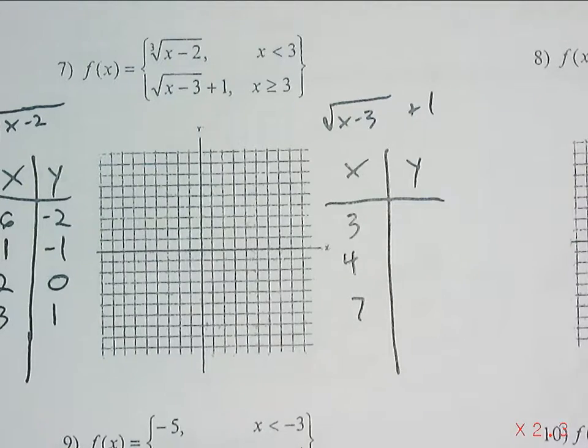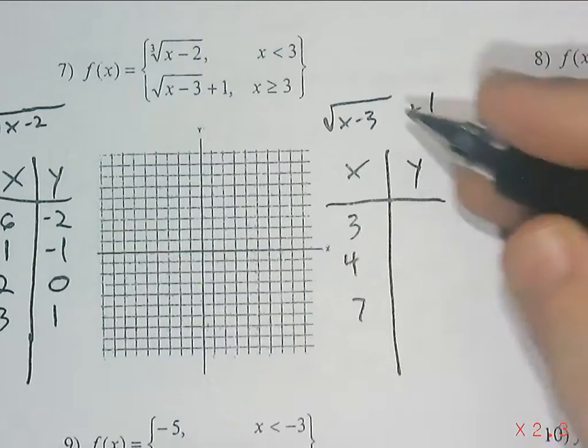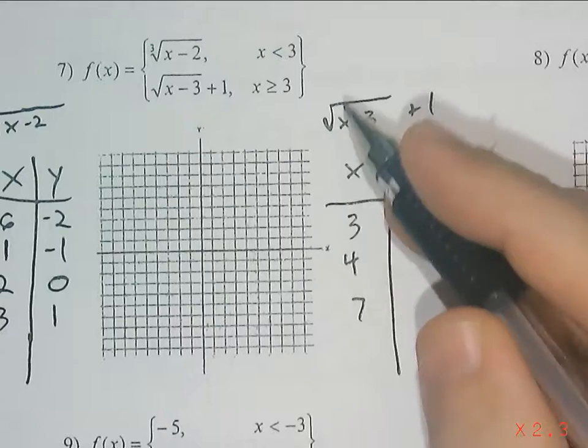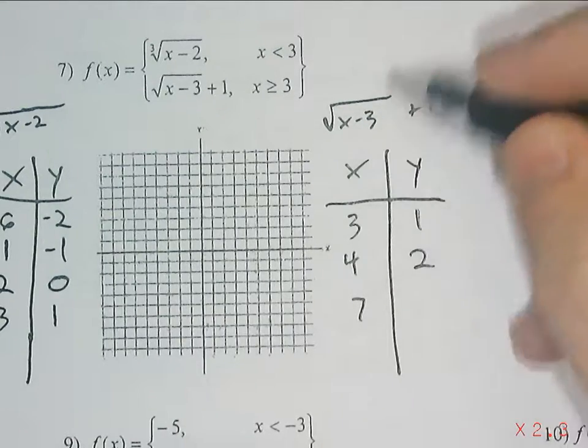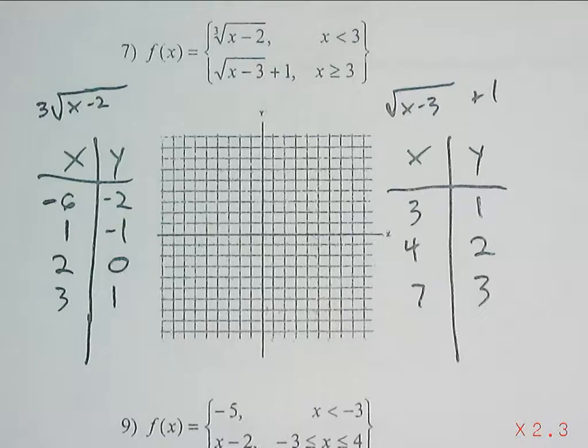Okay. So 3 minus 3 is 0. Square root of that is 0. Plus 1 would be 1. 4 minus 3 is 1. Square root of that is 1. Plus 1 is 2. 7 minus 3 is 4. Square root of that is 2. Plus 1 is 3. Okay. Now there's a table with some values that I can now graph everything.